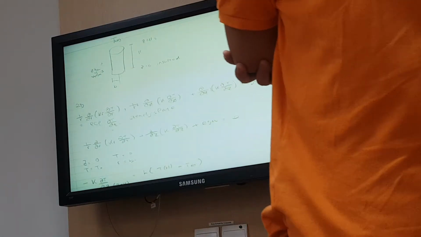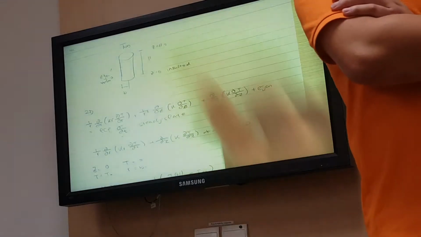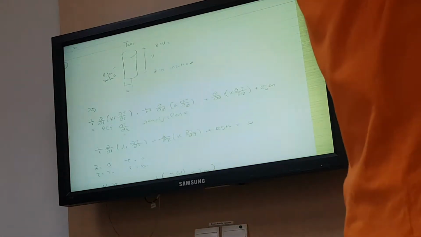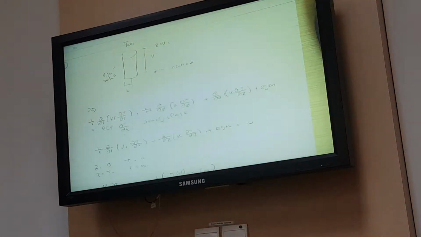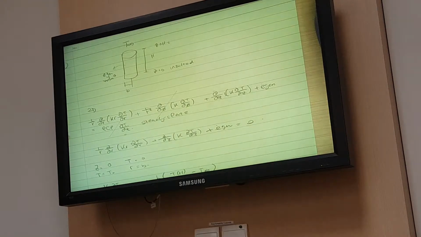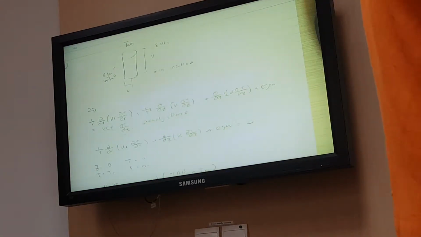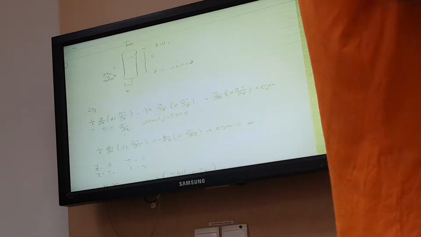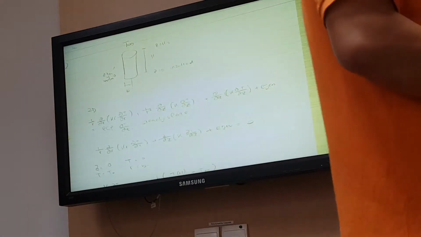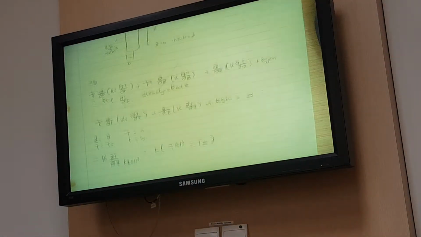You mean T in Kelvin equals 0, absolute zero? Yes, because of the insulated part. Insulation means partial T, partial Z equals 0, not T equals 0. We don't have temperature equals 0, that would mean minus 273, right? That's the trouble. That's all right, don't worry.